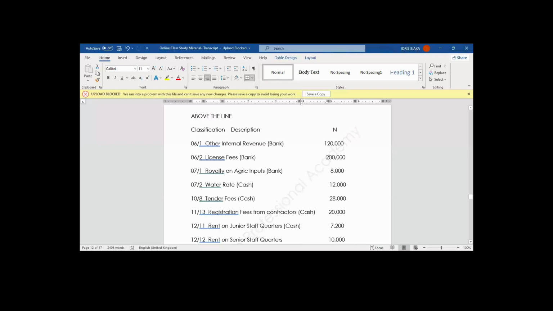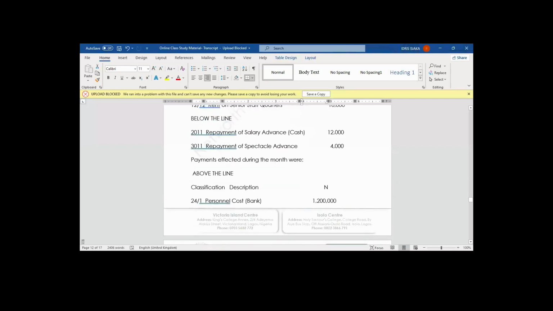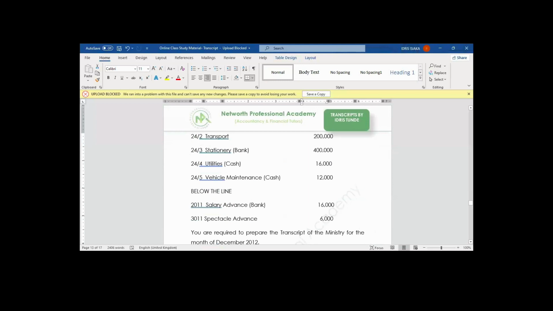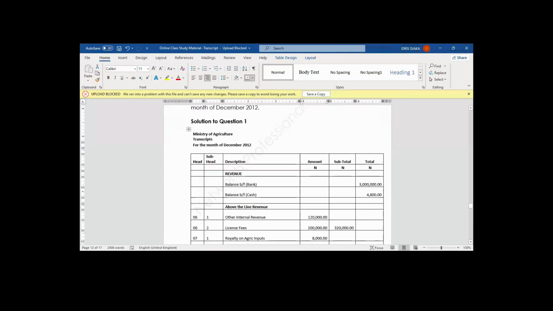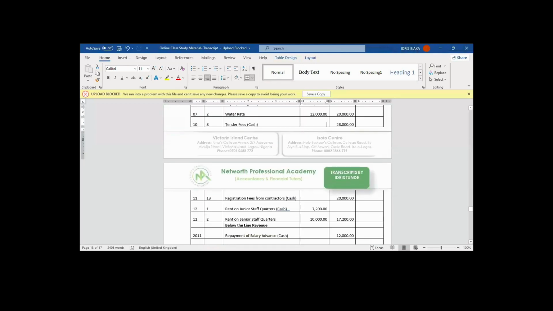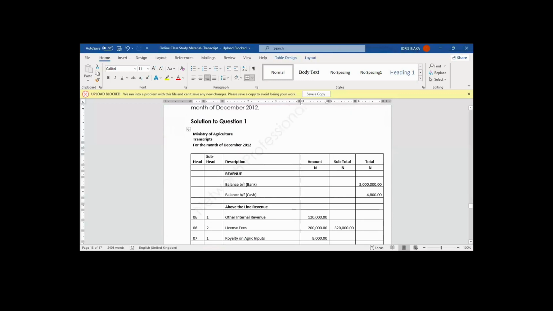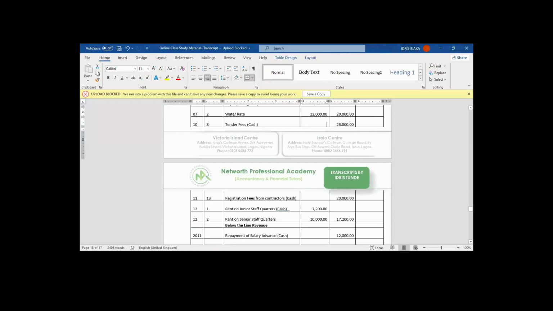When you are doing your solution, you arrange it in accordance with which one is the lowest first. 06 is lower. You take 06 first, followed by 7, followed by 10, followed by 11, followed by 12, based on the head. If you don't arrange it, if you write it as they put it in the question, you have missed the question.